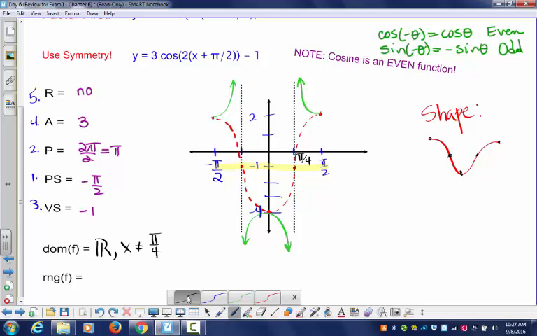So x can't be π/4, and then how far apart are these asymptotes? Consecutive asymptotes are here π/2, right? The period is pi, so from there to there is pi, so the asymptotes are half a period apart. Half a period apart.